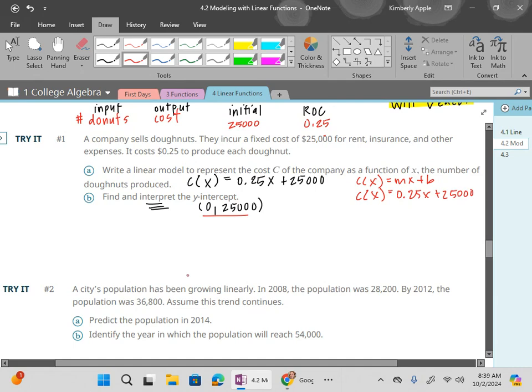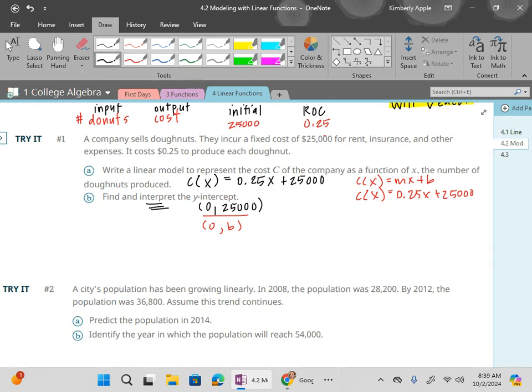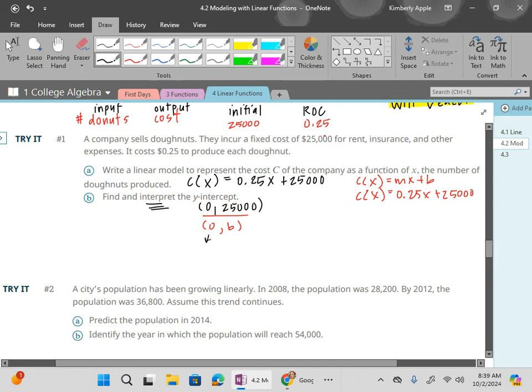The y-intercept occurs at (0, b) from the equation, right? And what does that mean? Well, you have to go back and understand what this x and this C mean. This is the input, the number of donuts, and this is the cost. So the number of donuts produced at the y-intercept is 0, and the cost is $25,000.